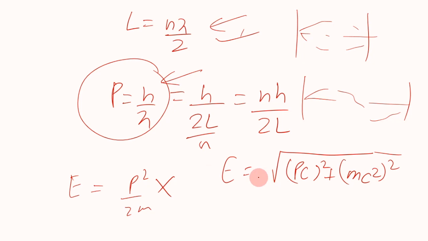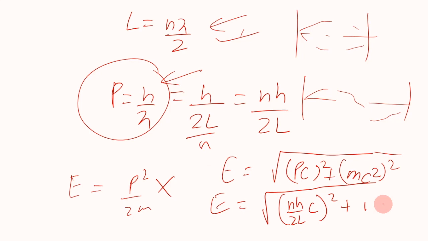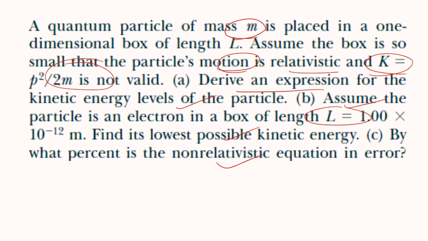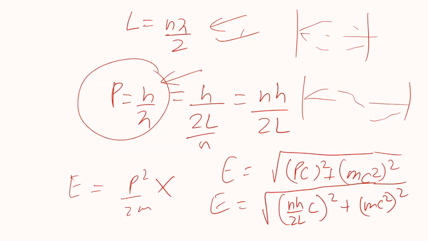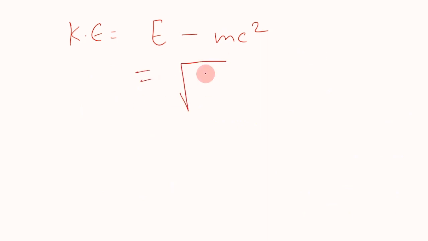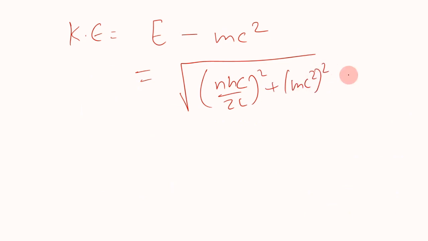So this is our relativistic energy, and when you take p as nh by 2L, it becomes (nhc by 2L) whole square plus (mc square) whole square. This is our energy expression, and it is the total energy. In the first part we were asked for the kinetic energy of the particle, so for kinetic energy you just subtract the rest mass energy. In our question, this m given is basically the rest mass. So E is the square root of (nhc by 2L) whole square plus (mc square) whole square, minus mc square. This is our expression of kinetic energy.